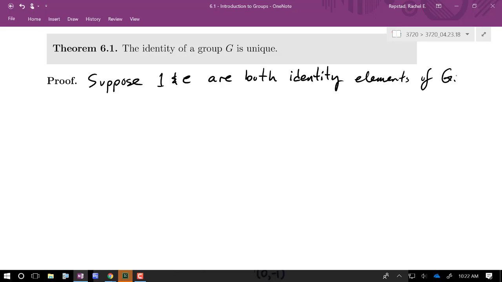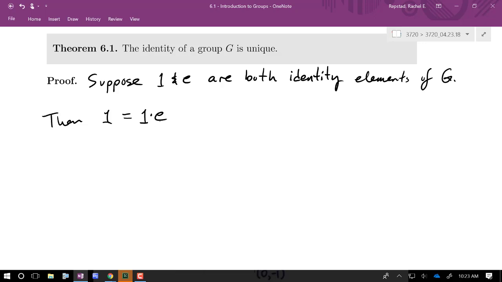If we start out supposing we have two, as it turns out, oh look, we actually just grabbed the same one twice. So let's work with 1. 1 is certainly equal to 1 times E, right? If E is an identity element, then I could do 1 times E, and that's the same as 1, right? That's what defines it as an identity element.